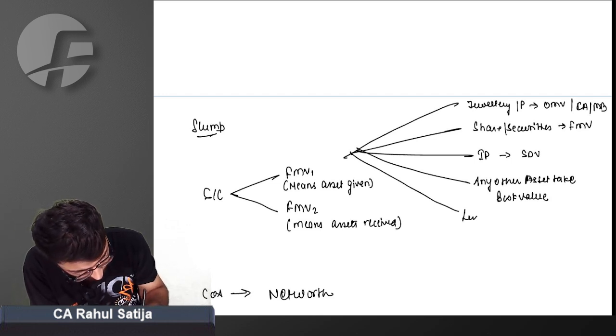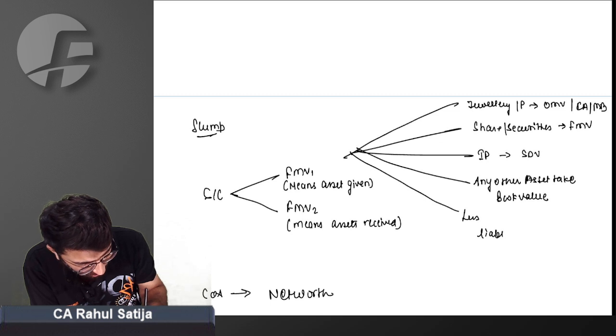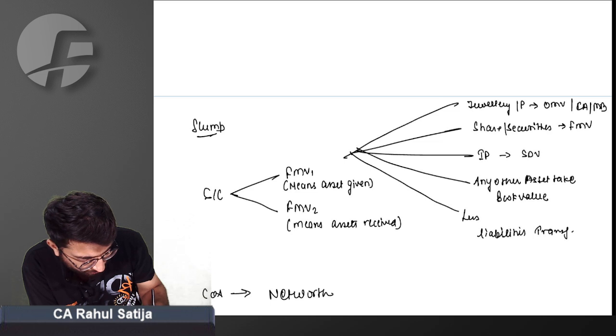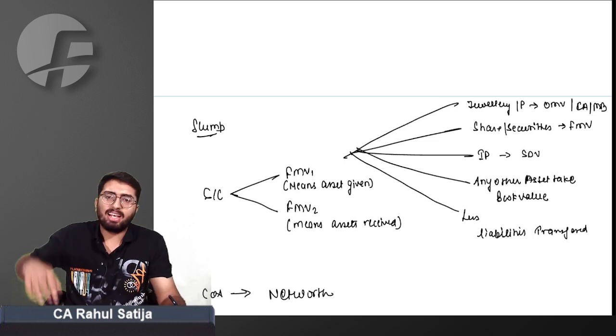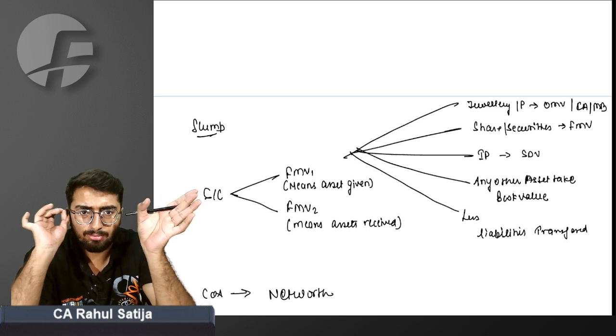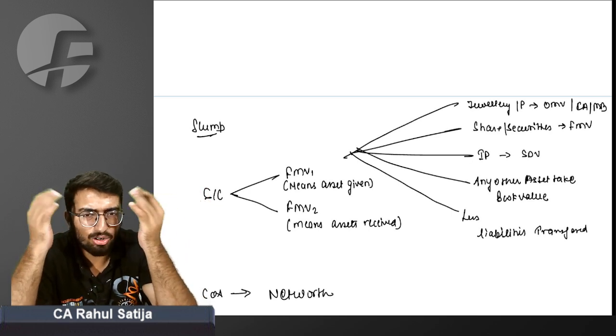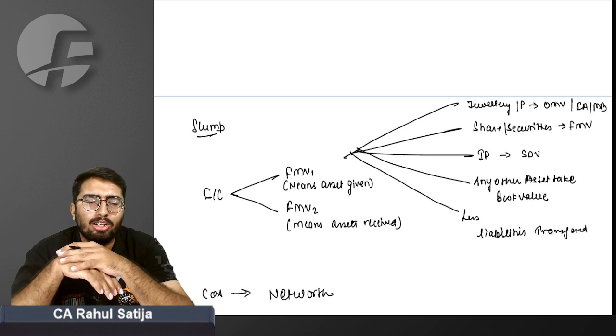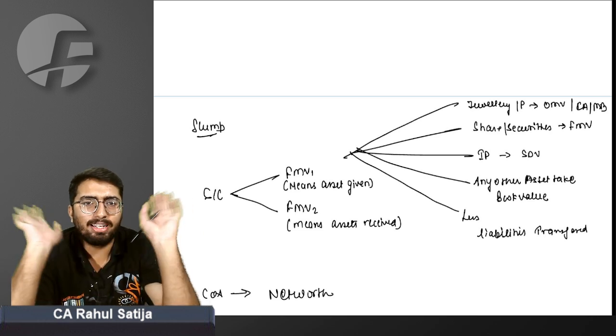Less liabilities transferred. So for all the assets that I am transferring, I am considering the fair market value. For any assets that cannot have a fair market value, I am using the book value. Then reduce the liabilities.